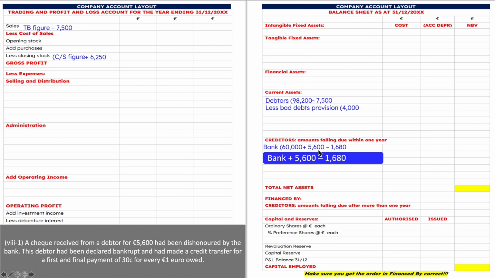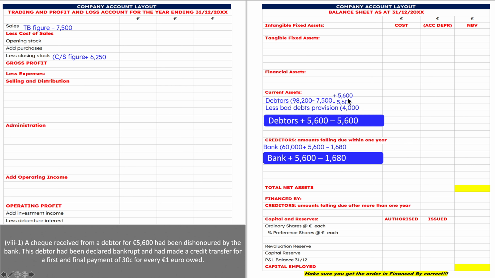So we add the 5,600 there, and then we minus the credit transfer that was received into the bank. Money received into the bank would reduce the bank overdraft figure. So how did I get this 1680? Well, 1680 is our 5,600 multiplied by 30 divided by 100. So it's the 30 cent in the €1. So minus 1680 there.